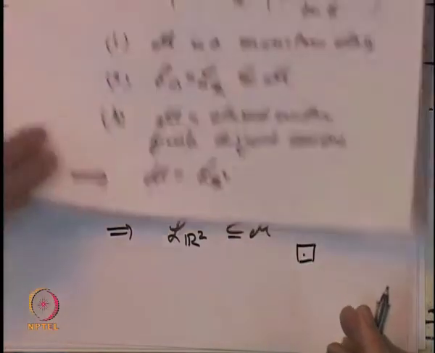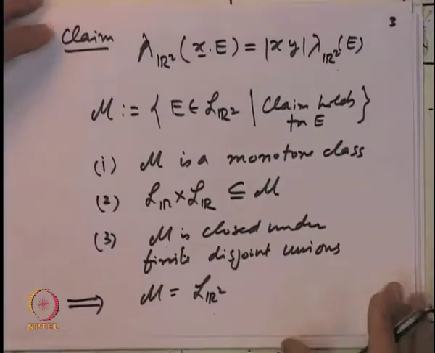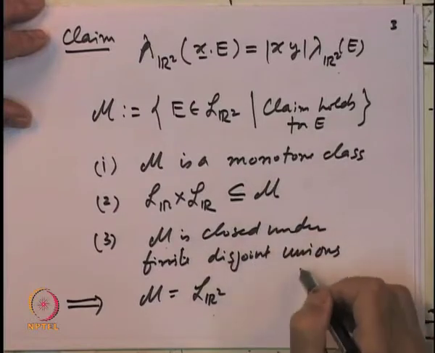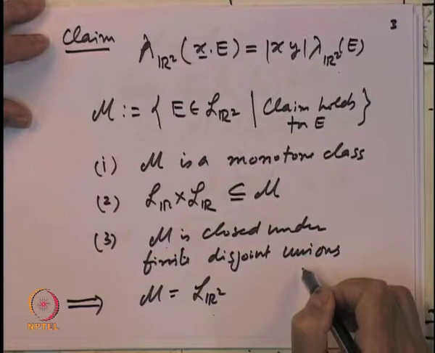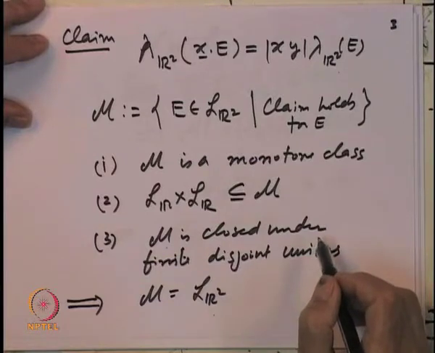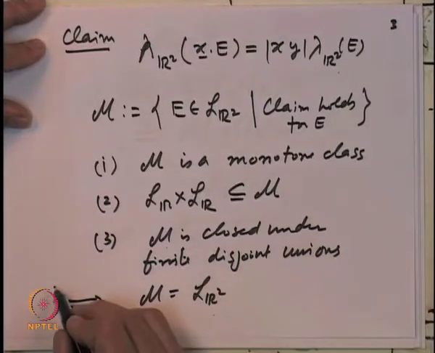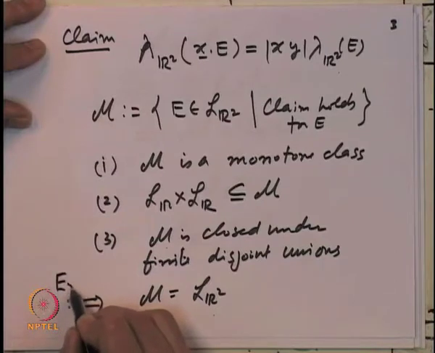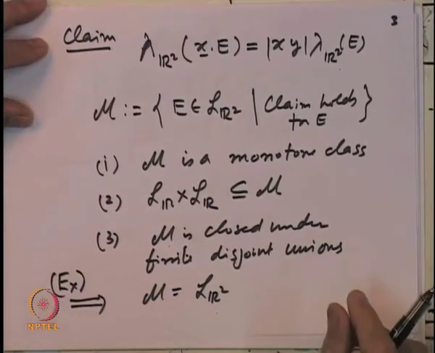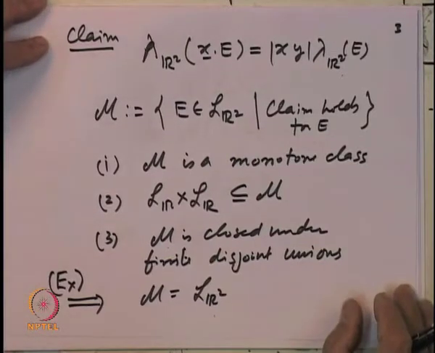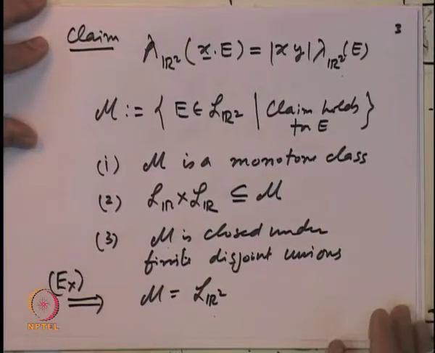So, the steps are that this collection M is a monotone class, includes rectangles, and is closed under finite disjoint unions. This proof is similar to the proof when we had translation of a set E by a vector. So, I will suggest that you try this as an exercise yourself, on the same lines as the earlier proof, because it is a repetition of the same idea again and again. So, it is better to get used to it by doing it yourself.